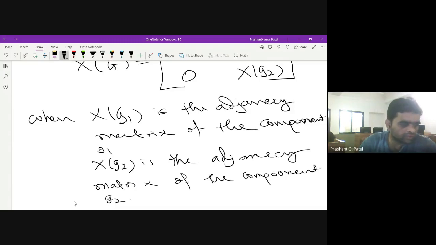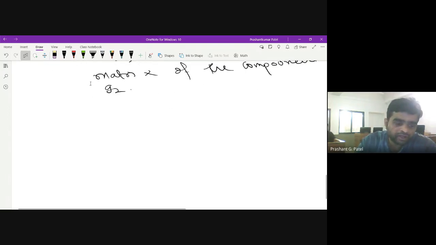So these are the 2 things we can have. In fact, there is one very important result. Using this result, you can establish whether your graph is connected or not.